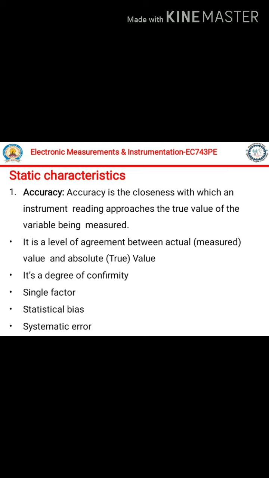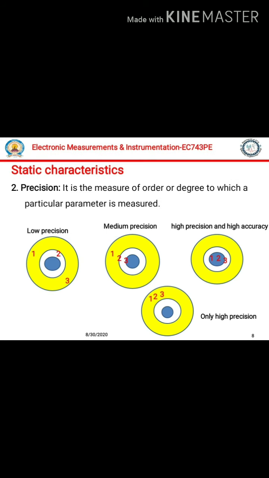In this process of computing accuracy, we come across errors, and those errors are called systematic errors.